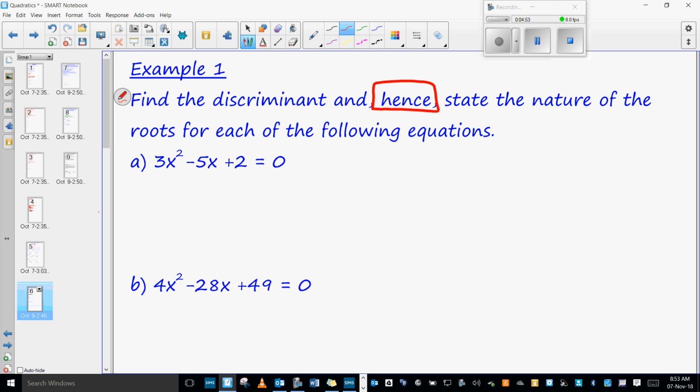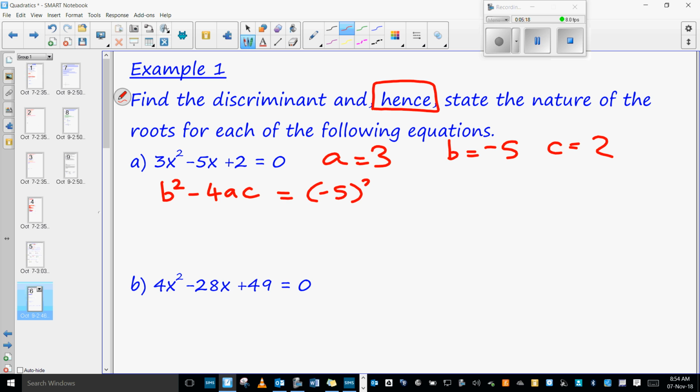So, discriminant, so we're identifying a, b, and c. What's a for this one? b is, and c is. So b squared minus 4ac is negative 5 squared, subtract 4 lots of 3, lots of 2.